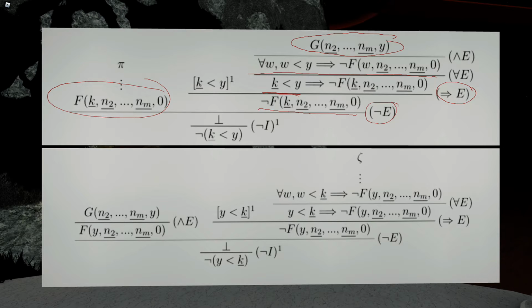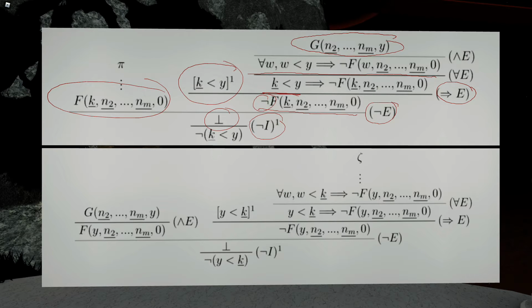Is that incorrect? Oh, no, that is negation elimination. So the negation that we're referring to is this one. So we've now used negation elimination in order to introduce this bottom rule, which implies that we have a contradiction. And so then we have negation introduction, which discharges a hypothesis, and the one that we're discharging is this one up here, that k bar was less than y.